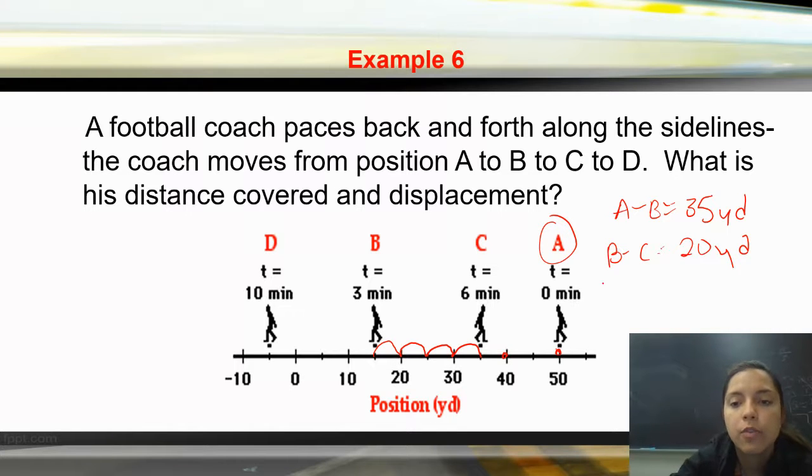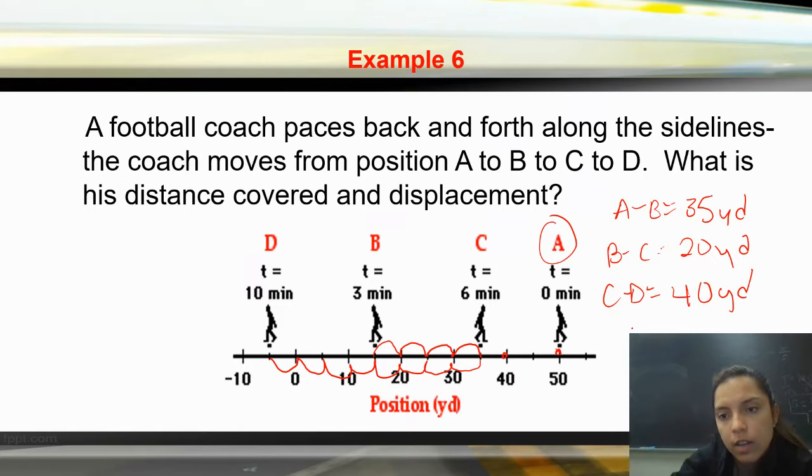Now we gotta go from C to D. So C is here, and we gotta go all the way to D. So 5, 10, 15, 20, 25, 30, 35, 40. 40 yards.